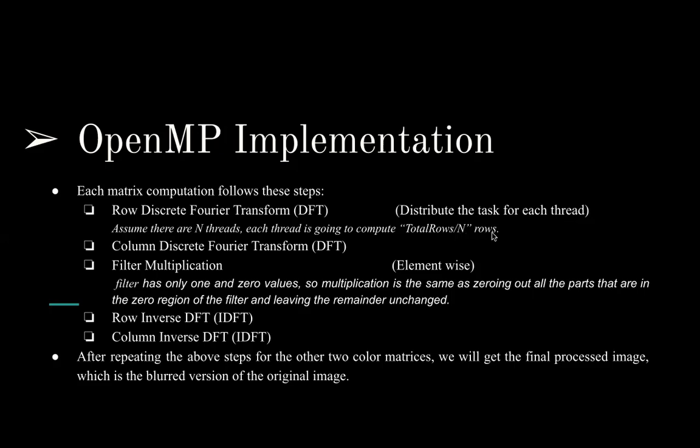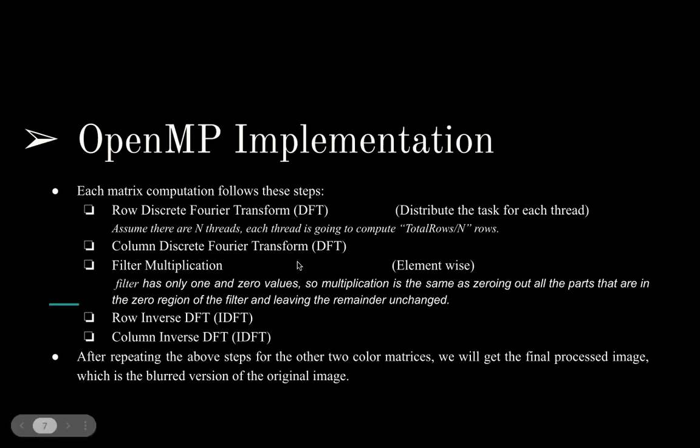Similar to the process of taking the row discrete Fourier transform, the second step is to use the obtained matrix from the previous step and take the column-wise discrete Fourier transform. And the third step is to do the filter multiplication.